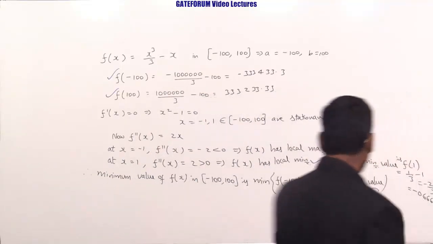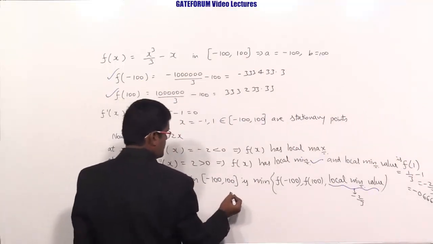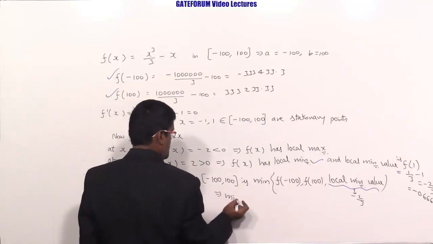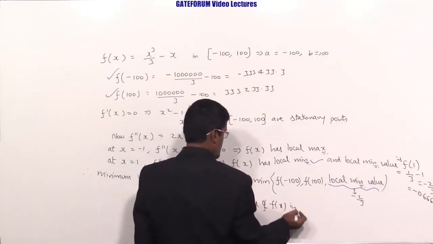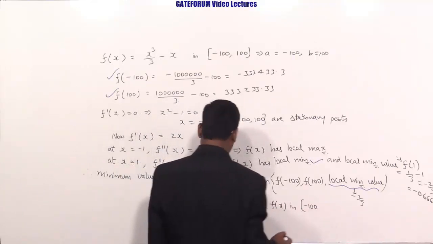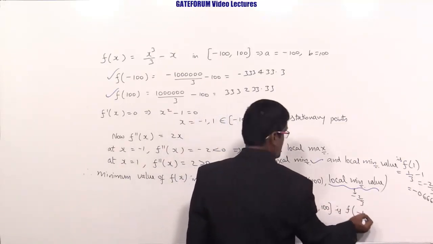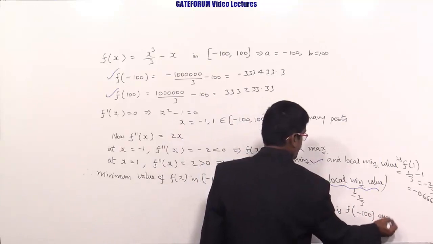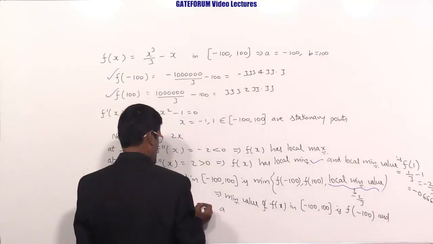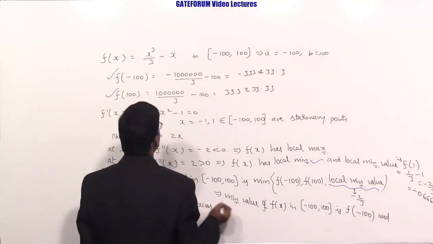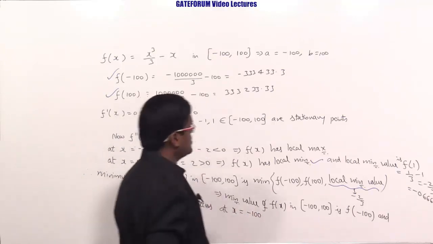So the minimum value of f of x in the closed interval minus 100 comma 100 is f of minus 100, and it occurs at x is equal to minus 100 only.